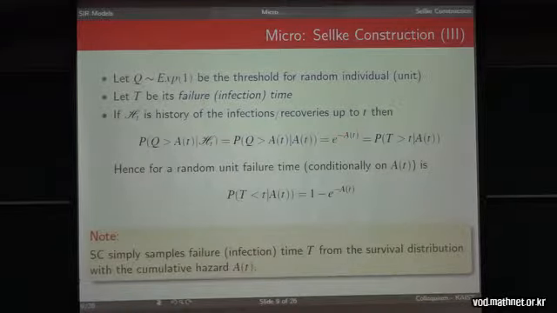So that basically tells me that this conditional survival function of capital T, when capital T is the time of an uninfected individual to get infected, is basically described by this random hazard function. So this is e to the negative A_t.